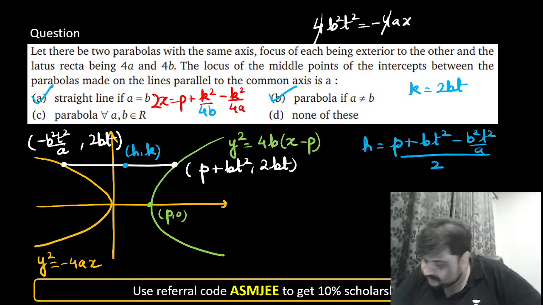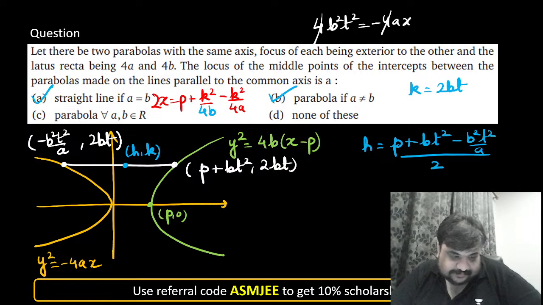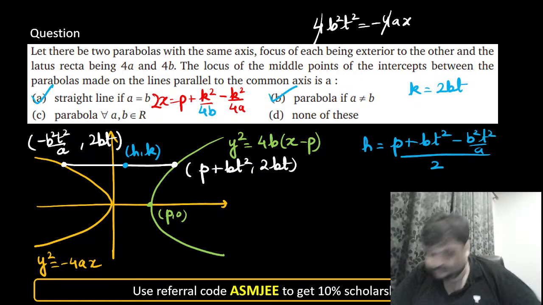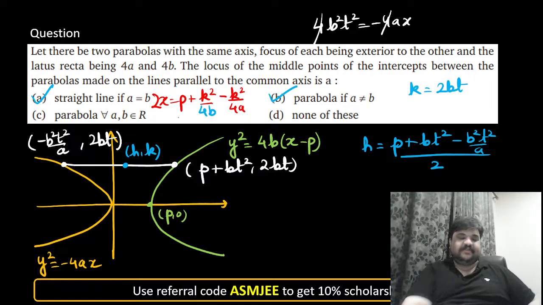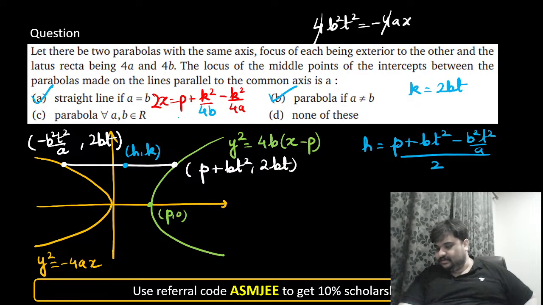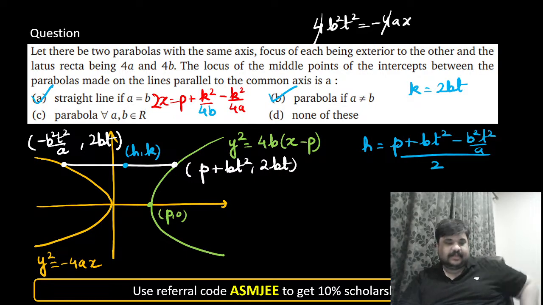This is how it should be. No, see, if a is equal to b, this will get cancelled, right? It will not be a parabola in that case.